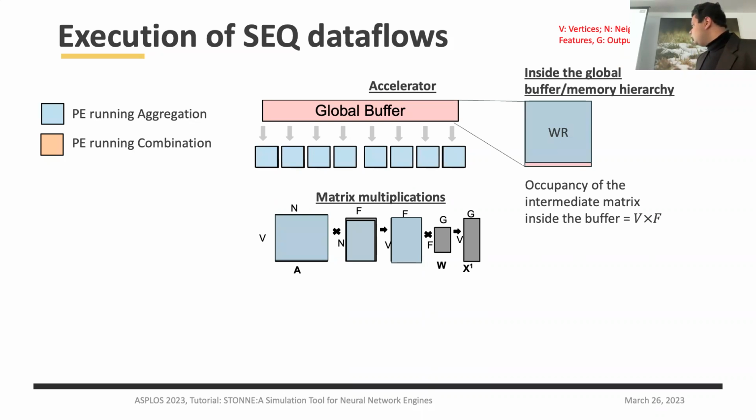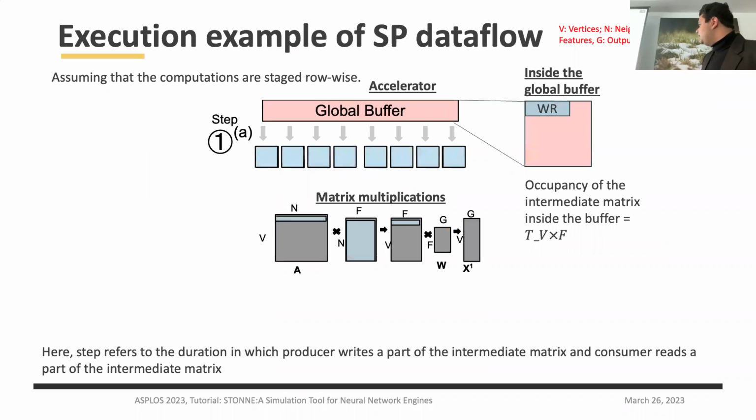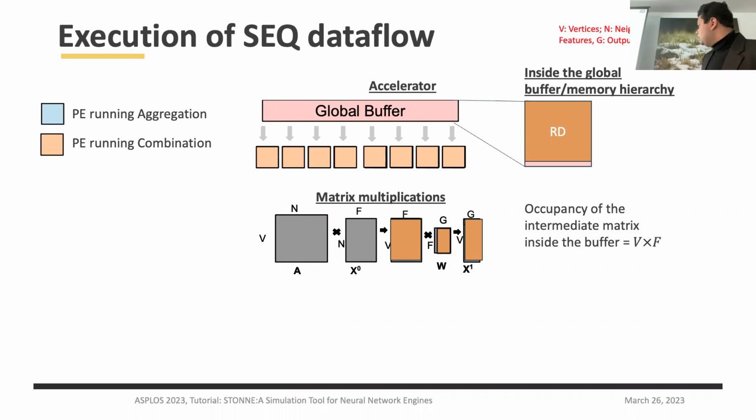You have to write this whole intermediate matrix inside this buffer, so the occupancy of this buffer is V times F. And then you have to read this matrix in order to do your next computation, the combination phase. This is the regular sequential data flow where there is no reuse between the two layers. You just do the layer, write the complete intermediate matrix, and then read the complete intermediate matrix again.